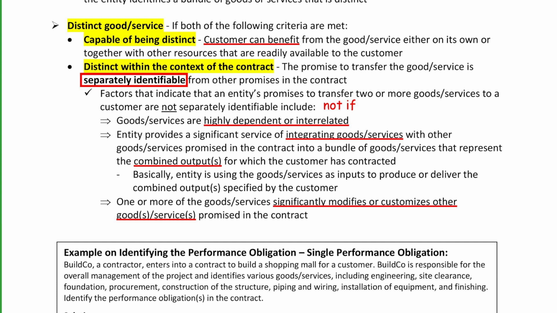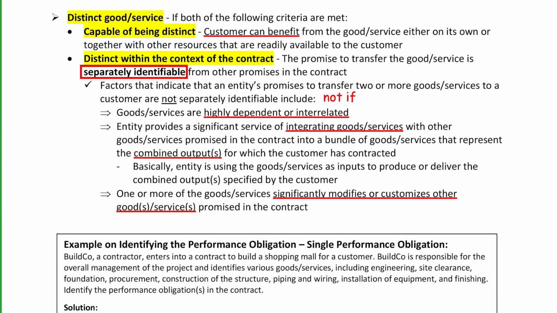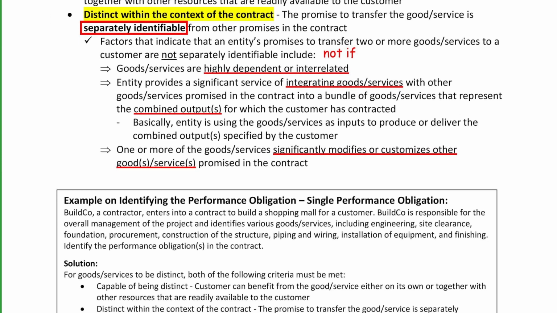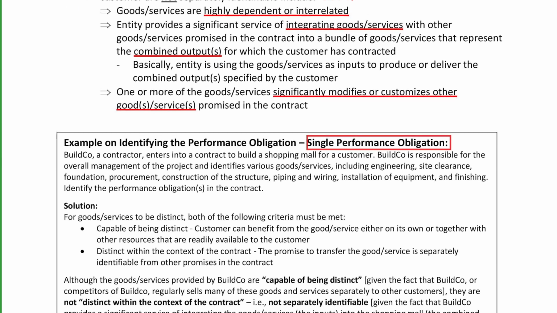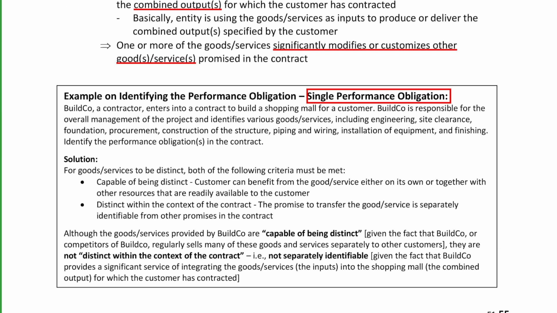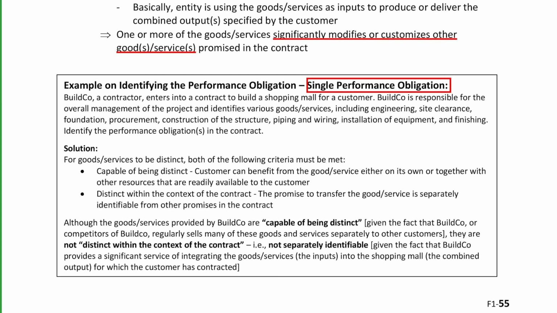And this helps us understand whether the entire contract is either a single performance obligation or has multiple performance obligations. So we've got an example on this page where we're going to look at, put a box around, a single performance obligation in the contract. So it says Buildco, a contractor, enters into a contract to build a shopping mall for a customer.